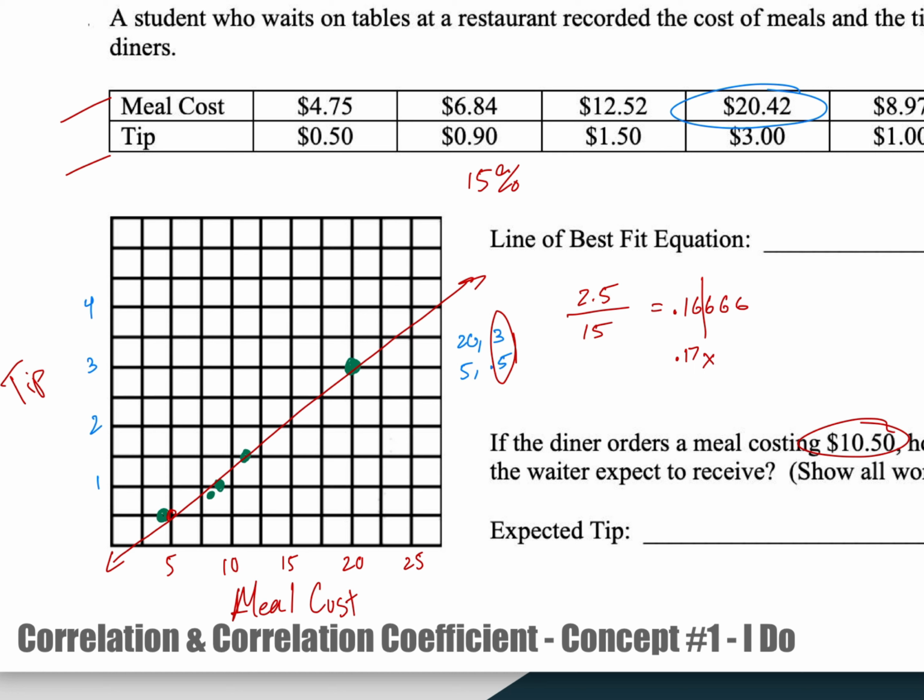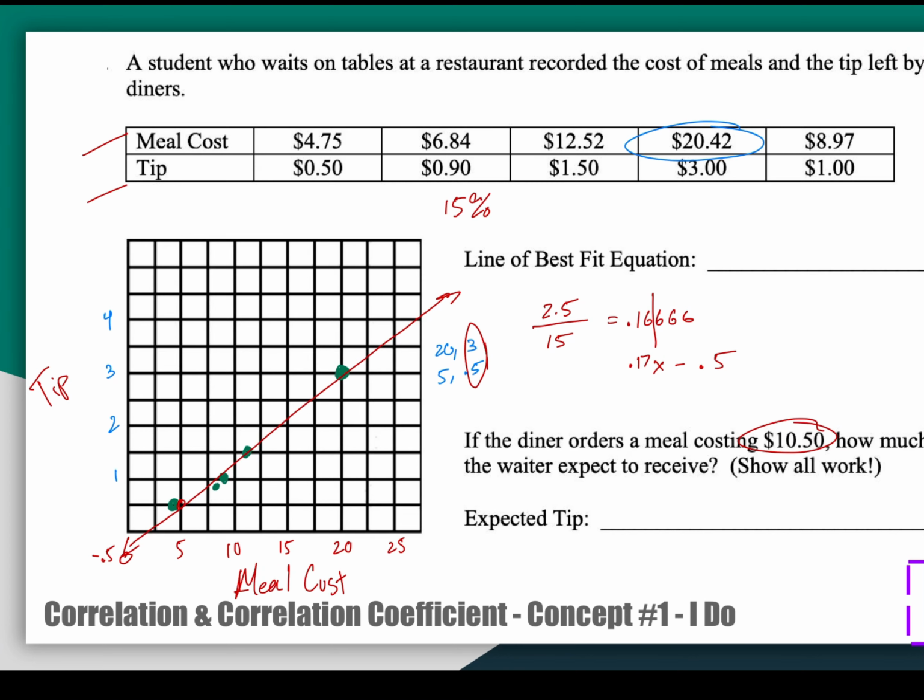And if we follow that y-intercept, it looks like it's going down into the negatives, and that's totally fine. Let's say it looks like it might be negative 0.5, so minus 0.5. Now you may be going, well, that's impossible, and you're right, but this is a line of best fit, and we may not even have enough data here to get something perfect yet, and that's okay.